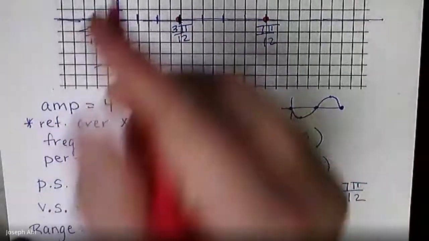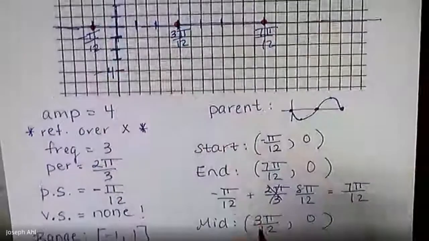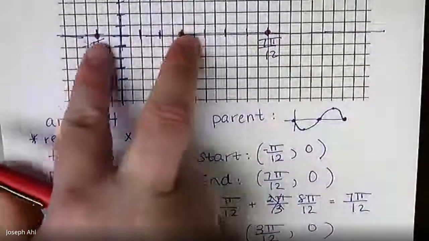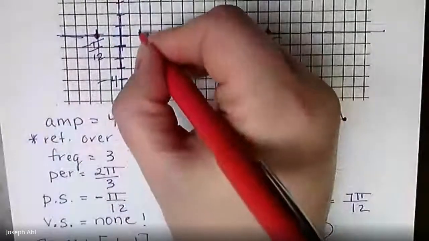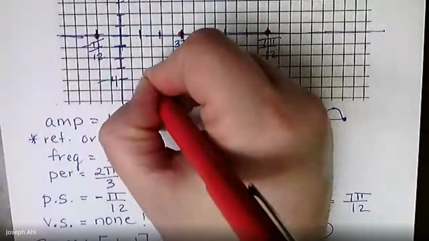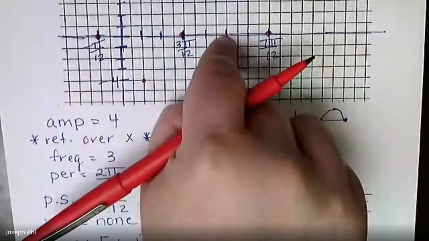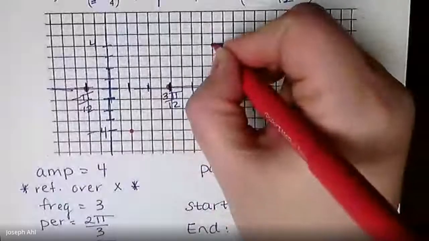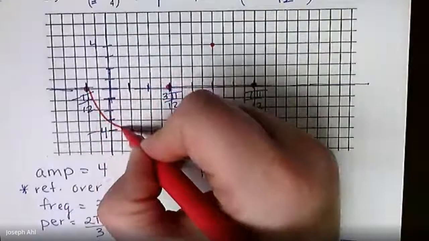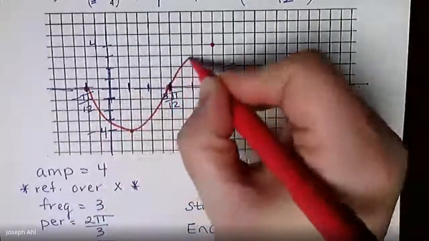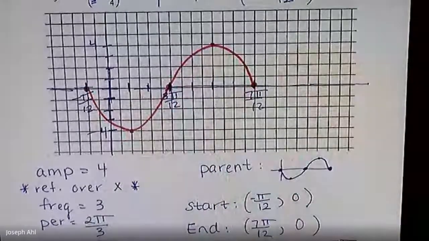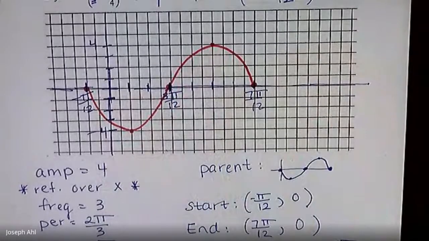If there's a negative out front, it's going to go down to the lowest point in the range first. So in between the start and the middle, which is actually at 1 pi over 12, you're going to be down here at -4. In between 3 and 7, which is at 5, you're going to be up at +4. And if you connect those 5 points, you now have one completed cycle of the sine curve there.